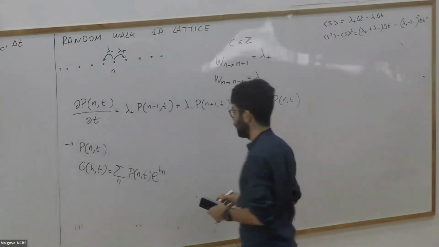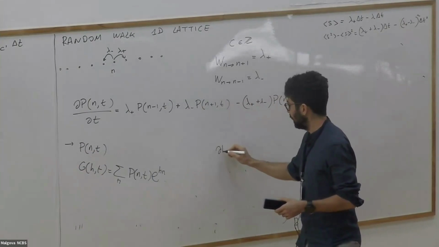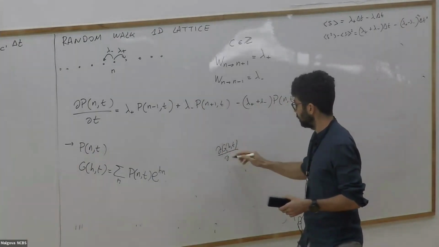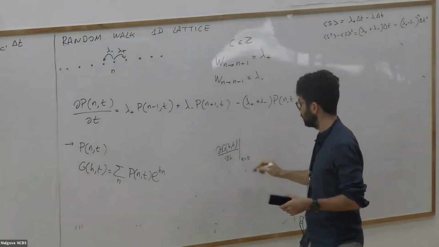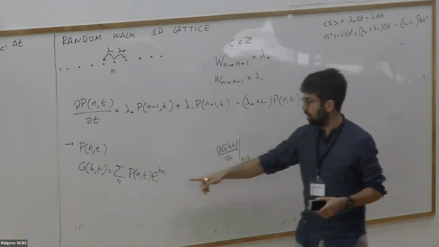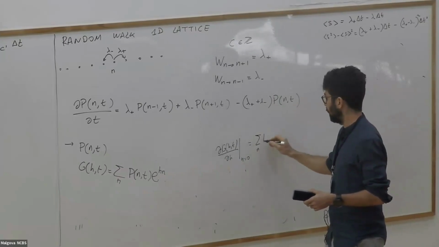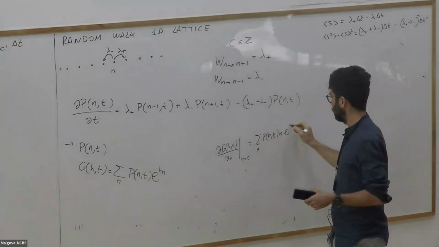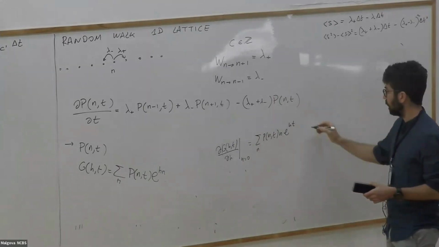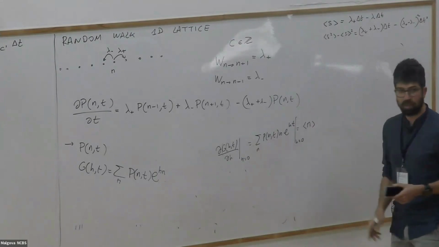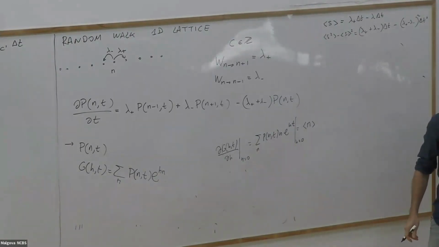Suppose that you take derivatives of this G_h of t with respect to h, and you set h to 0. When you take the first derivative, you get the sum of n p of n, t, e to the h n. If you set h equal to 0, you get the average of n. Then if you do the second derivative, you're going to get the variance and so on.